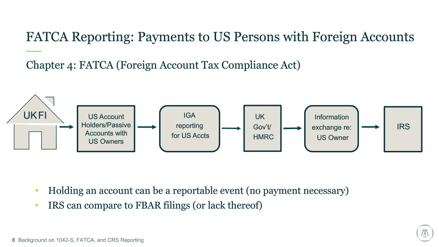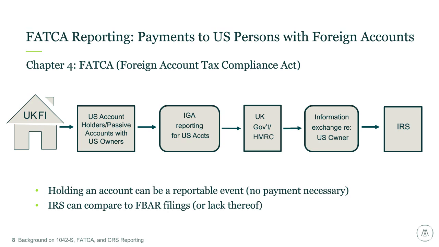Where I found that FATCA reporting and just the whole concept behind it was so confusing at first is everything has been payment-based before. When you're looking at 1099, K-1 even, 1042-S, there's some sort of allocation or payment of income.